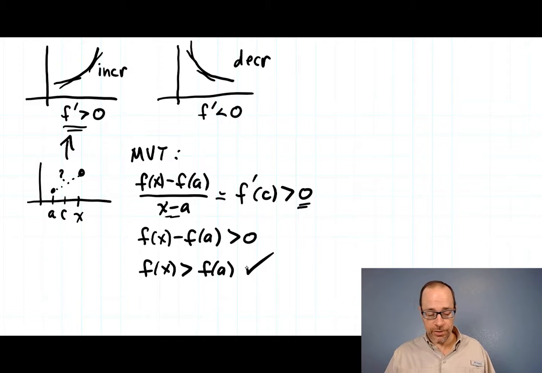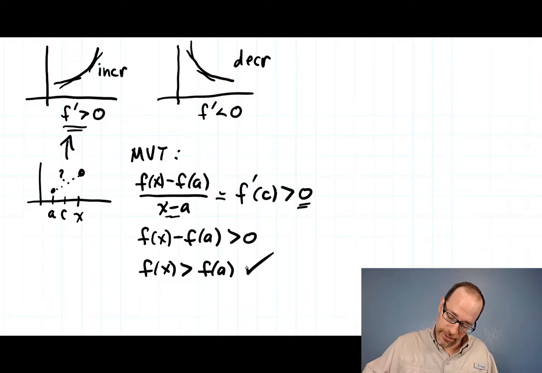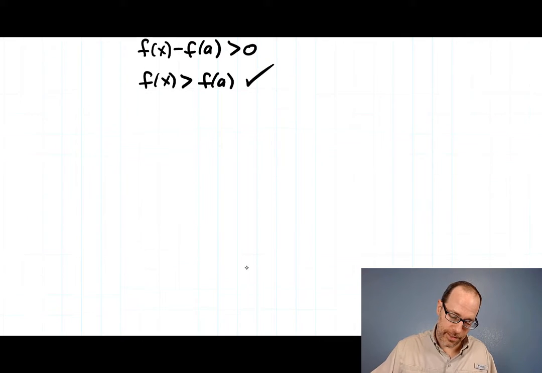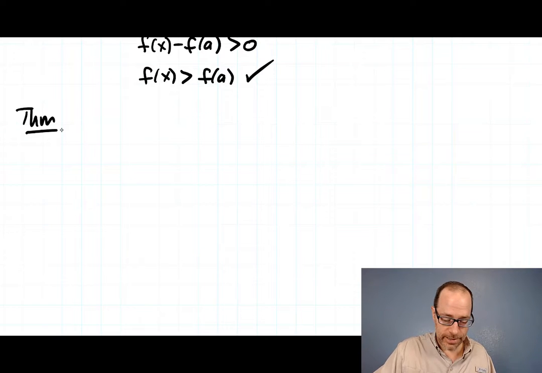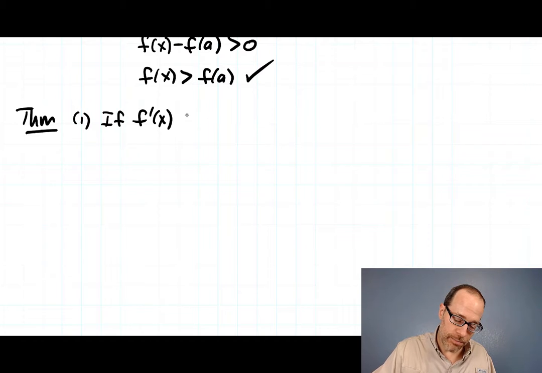Okay? So the statement here is this. The theorem is that 1, if f prime of x is bigger than 0 on the whole interval, then f is increasing.